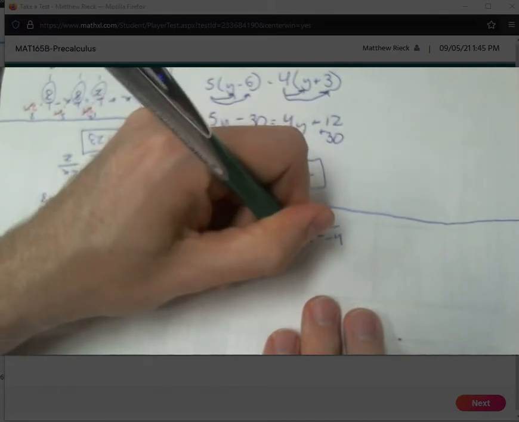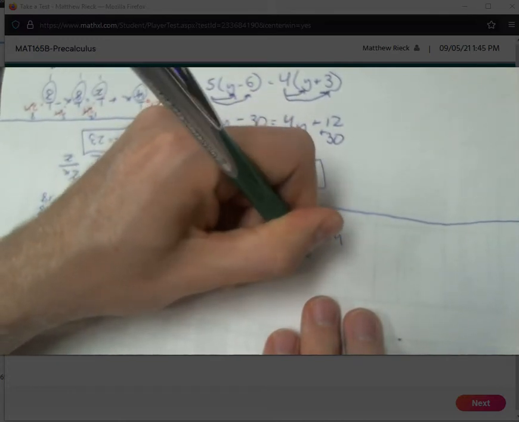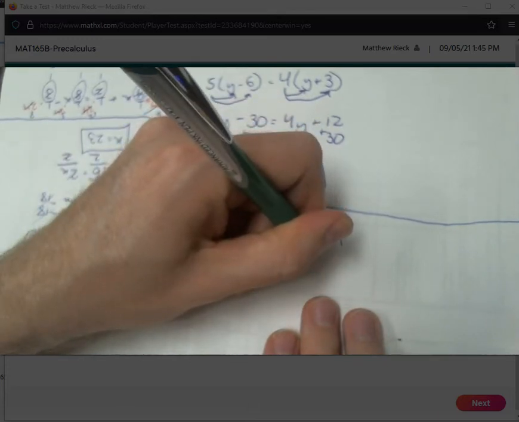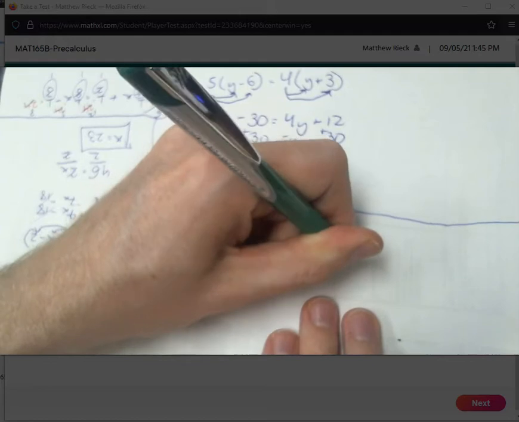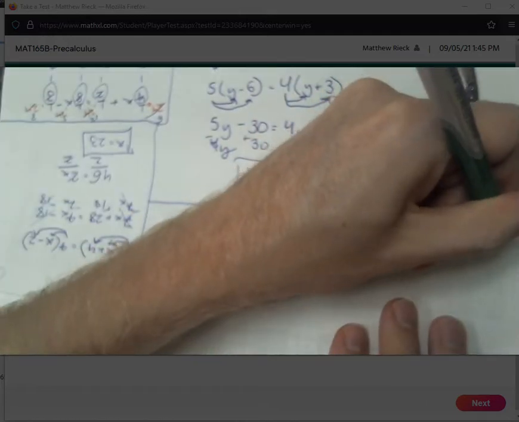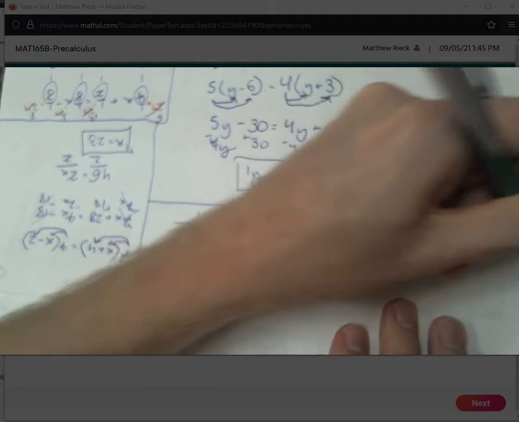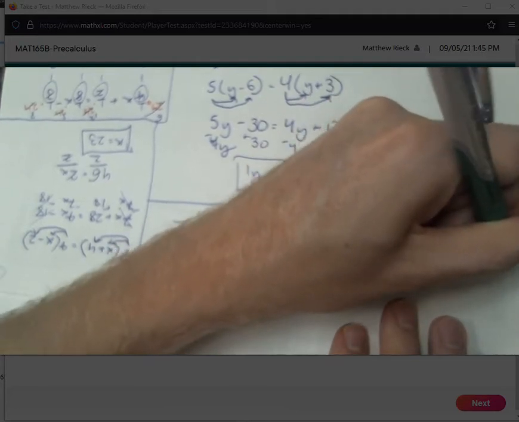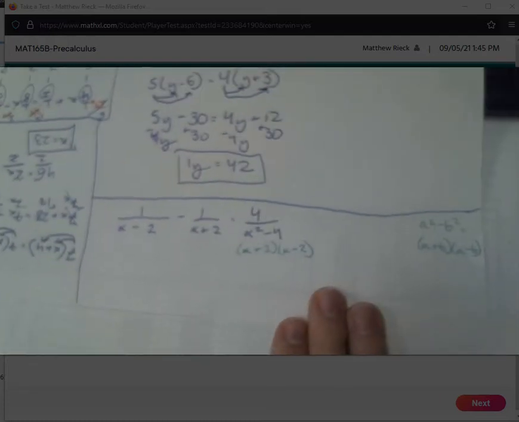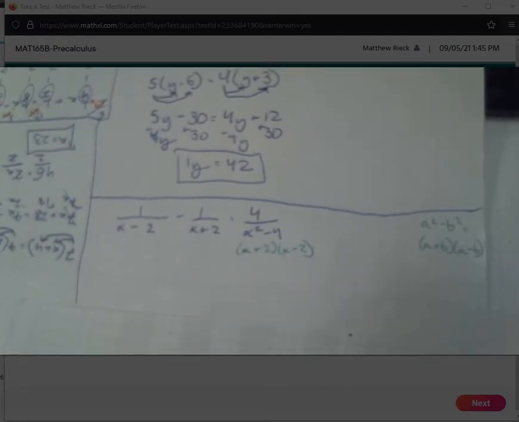It's x squared minus 4, so that's the difference of squares. So this is like x squared minus 2 squared. To factor that, you can just take x plus 2 and x minus 2. Again, that's one of those formulas that's just handy to know. If you have a squared minus b squared, that's going to be a plus b times a minus b.